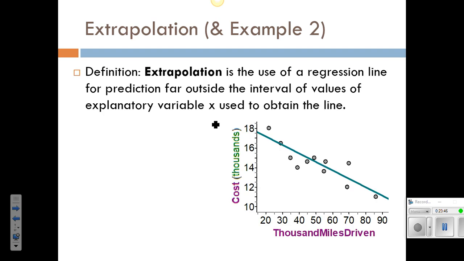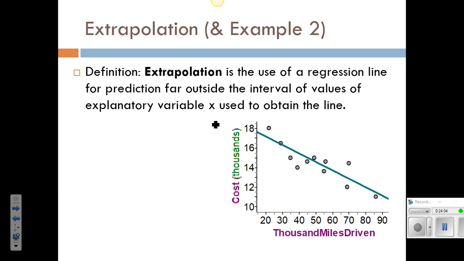So extrapolation in stats is when you create a least squares regression line and you use it to predict values outside of the range of values used to create the line. In our scenario, we used miles from 22,000 to 86,000.